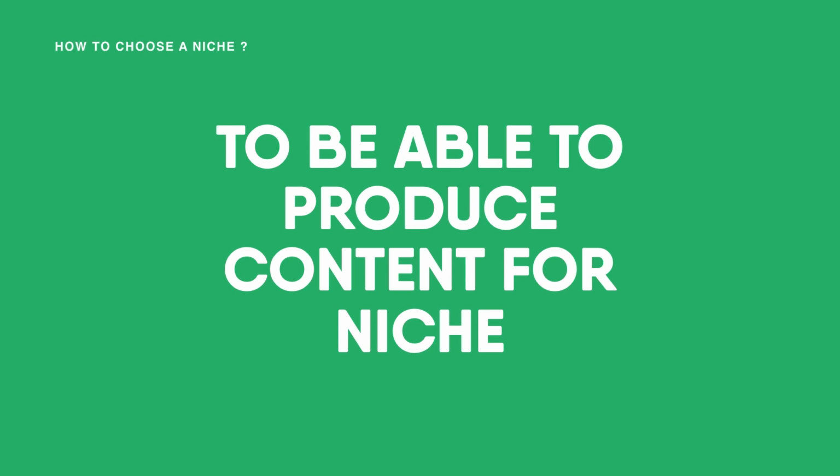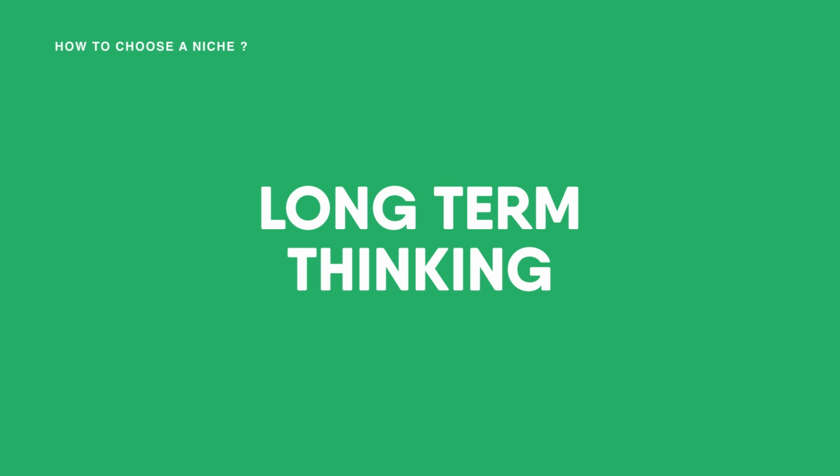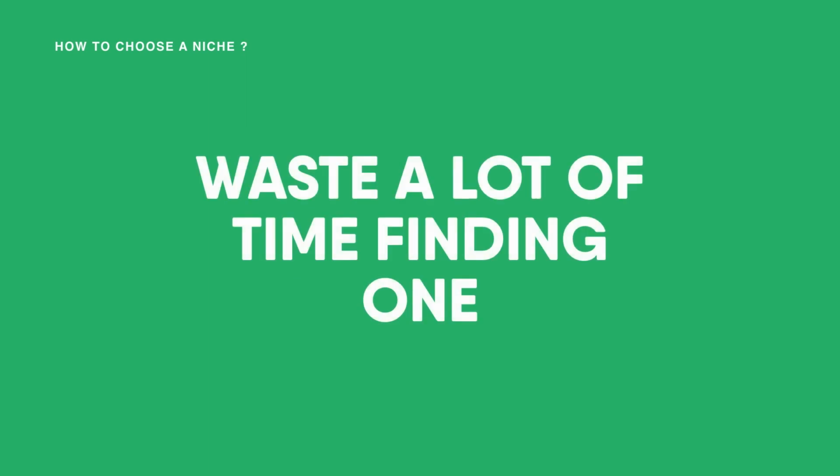Something to think about is the ability to produce content for that niche, which is really important, because it should help you in the long term, and if you choose a good one, you shouldn't get bored or tired of it. Another thing is that a lot of time is wasted in finding the right niche. Sometimes it might take days, weeks, or even several weeks. So just keep in mind that not a lot of time should be wasted at this part of the process.